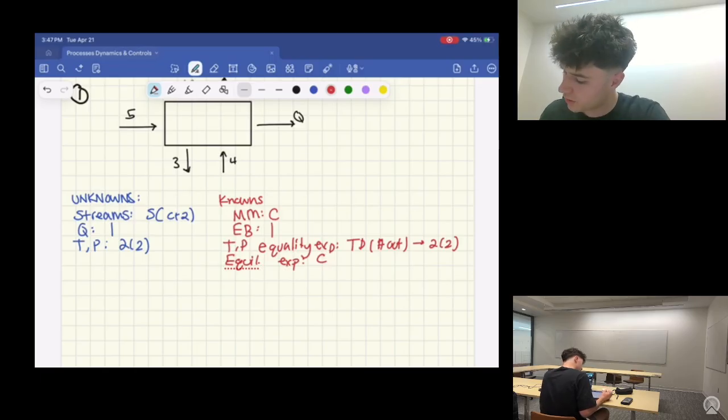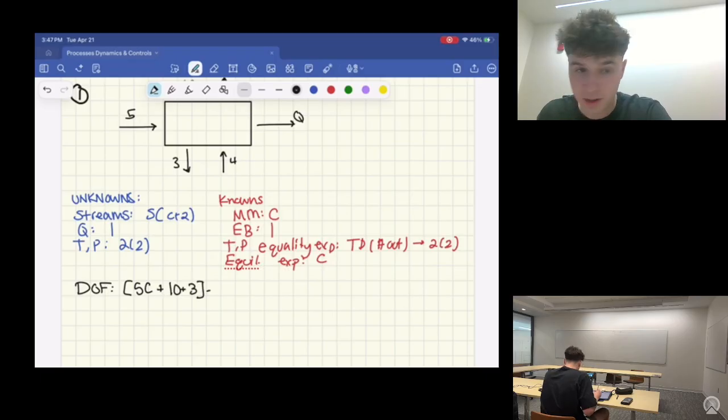And then finally, our degrees of freedom. This is going to be 5C plus 10 plus 3 minus 2C plus 5.